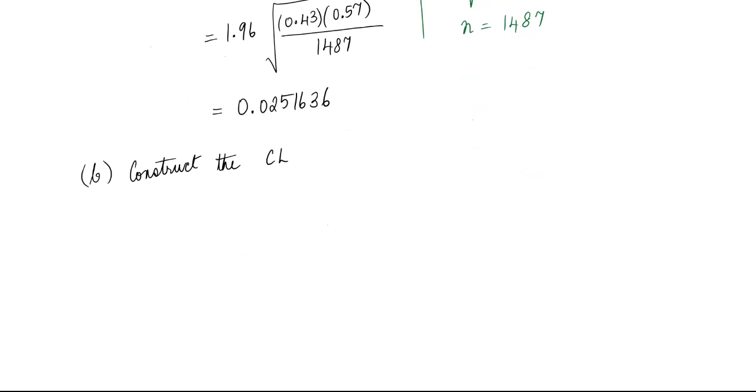I'm sure they asked us to construct a confidence interval. Find the 95% confidence interval estimate of the population proportion p. So I'm going to erase this.